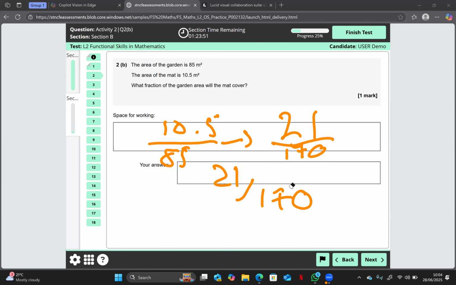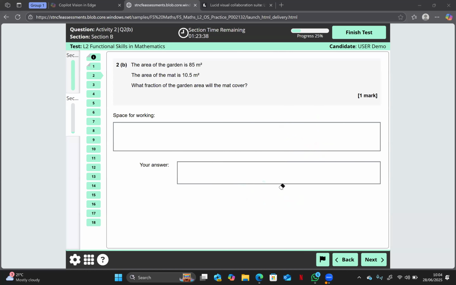All we've done is multiply everything by 2. So the answer is 21 over 170.